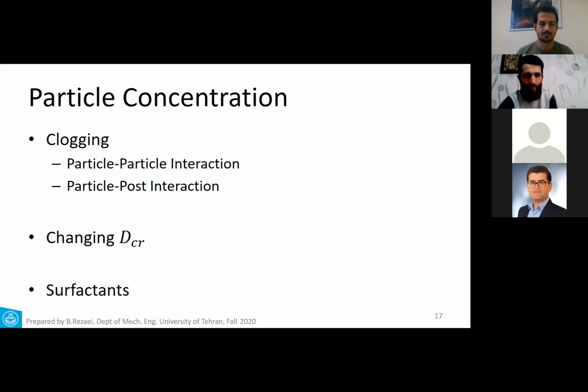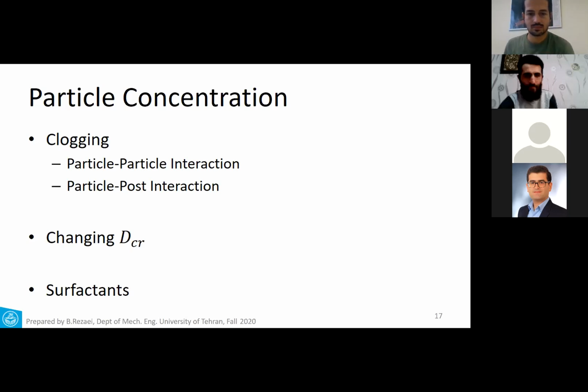What do I mean by particle-post interaction? I told you in the first slides about the fundamentals of DLD that there is a balance between the contact force and the drag force.